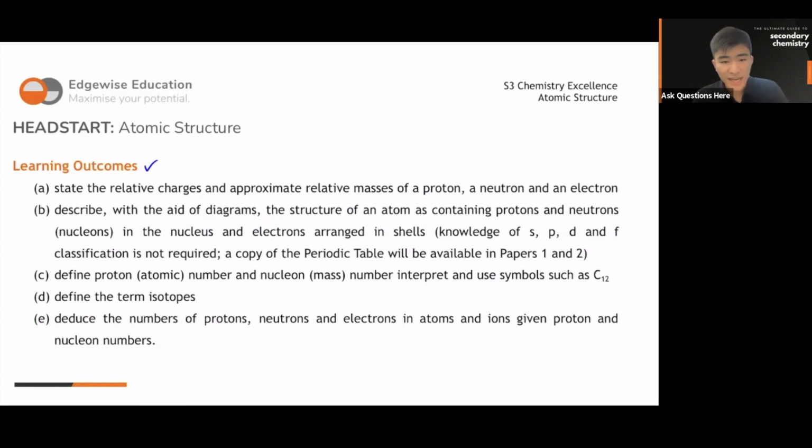So chemistry has a lot of importance, even though you may not like it at first. Our main aim here is to help you develop a liking towards the subject. You can try to recall what you have learned previously, but it's not very necessary. Just come in with an open mind, and we will learn together for this topic of atomic structure.